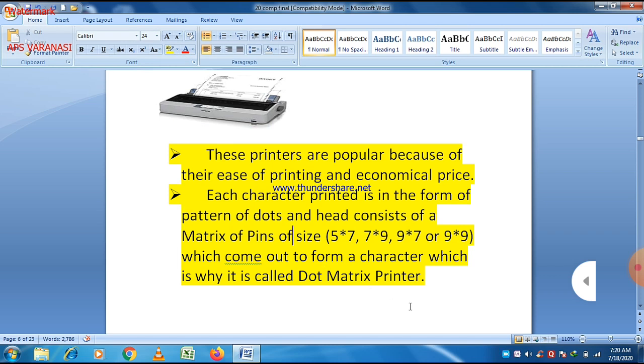They are very economical and very easy to use, and they consist of a matrix of pins. These are the different sizes of matrix of pins, which make a character.